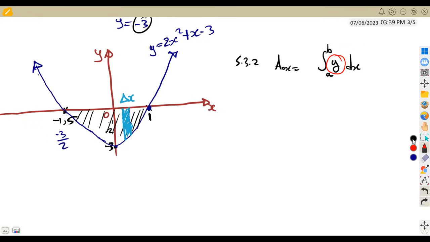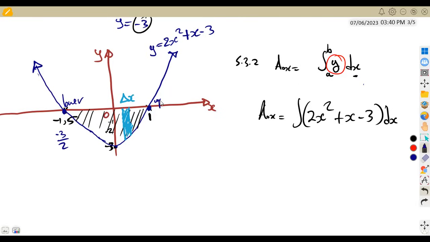So our area with respect to x is the integral of y, which is this part, with respect to x. That is why we take the part with x: 2x squared plus x minus 3. This is what you're going to integrate with respect to x, taken from the limits of -3/2, which is our lower limit, to 1, our upper limit. Upper means the bigger value. 1 is bigger than -3/2: a positive value is bigger than a negative value, no matter how it sounds.